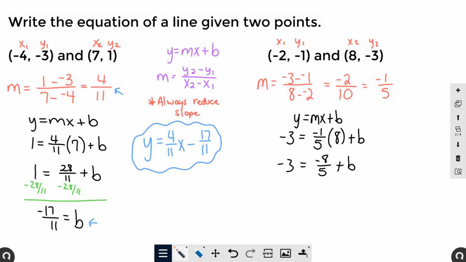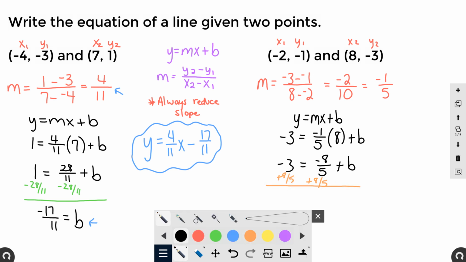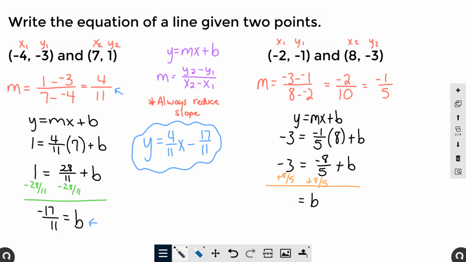Now let's solve for b. We're going to add 8/5 now because it's negative, so we're going to add it to both sides. So let's do negative 3 plus 8/5. Negative 7/5.